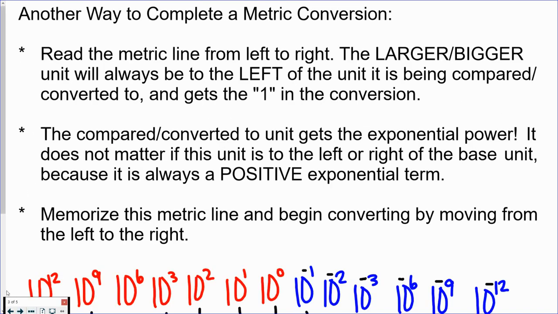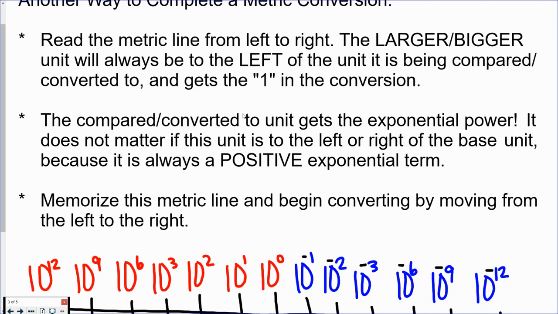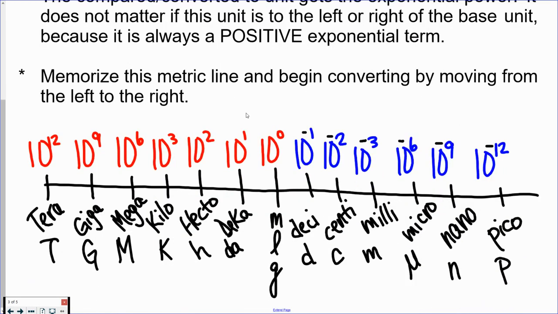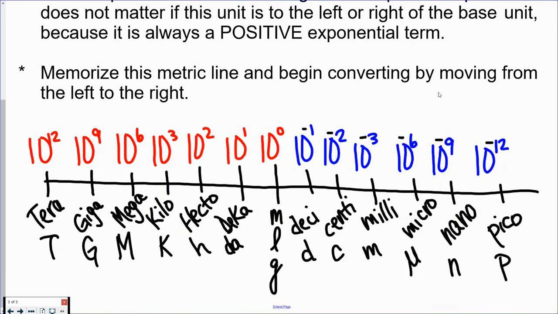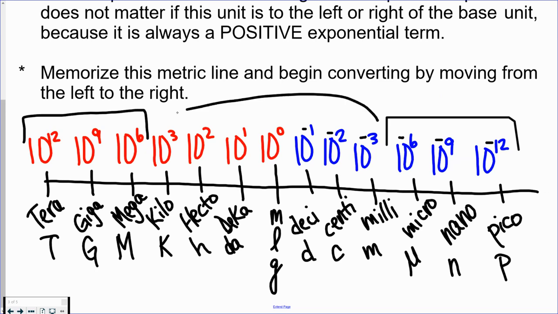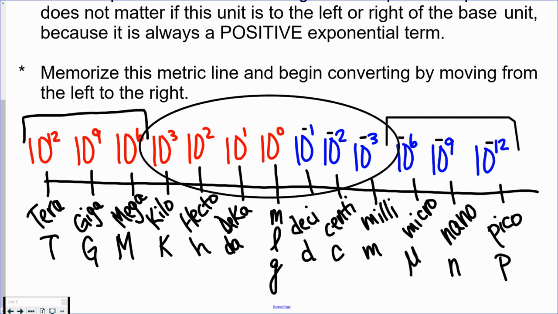So the big thing that we want you to get familiar with is the metric line. Okay, so here's the metric line. Notice how we have this set and this set that move by 3s. The middle ones move by 1s.